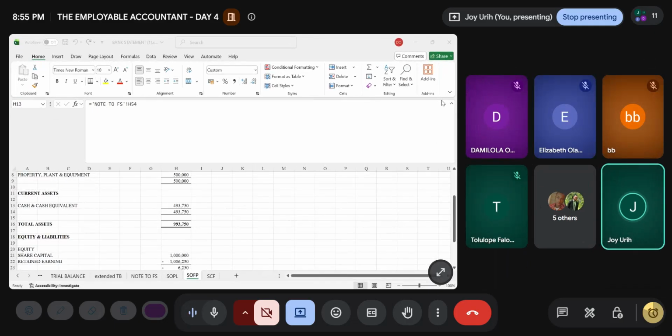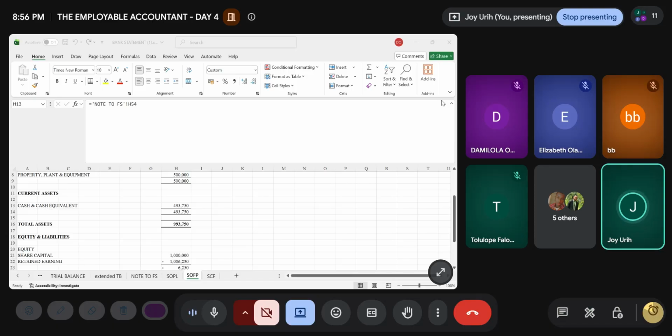All right. In the absence of any question, this is where we are going to end today's class. Tomorrow we are going to learn how to pass journal. We are working with incomplete records. Most transactions are not posted. There's no double entry basis.